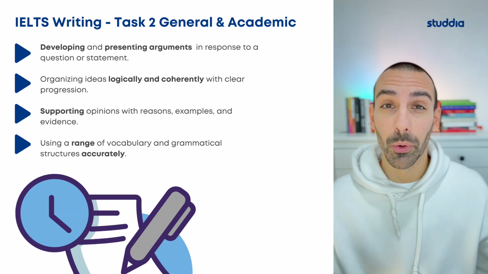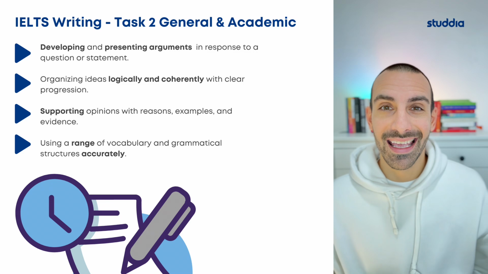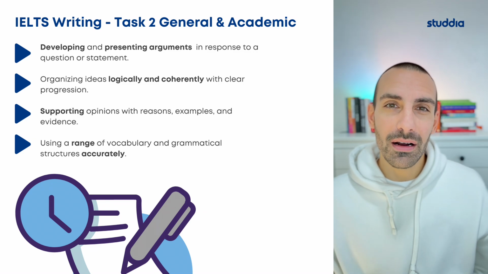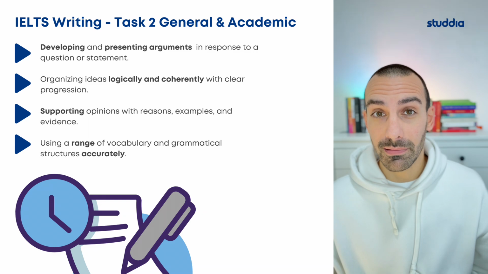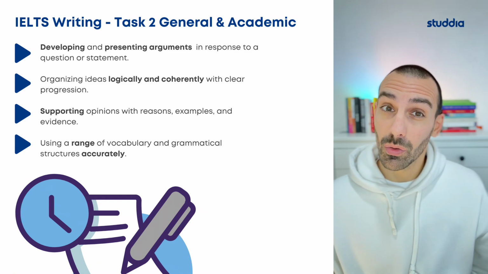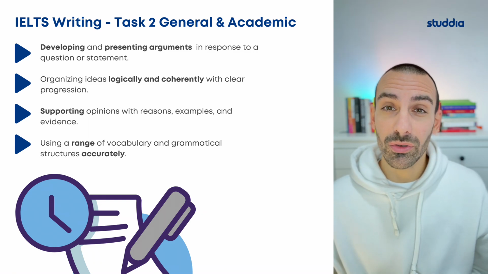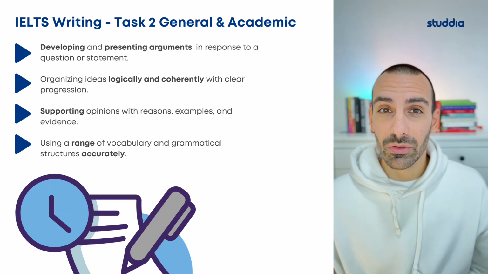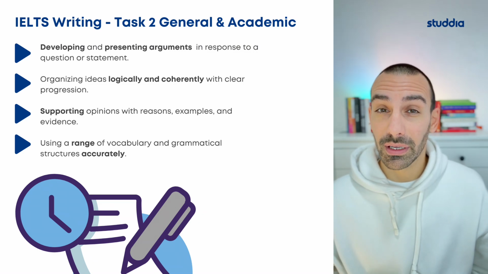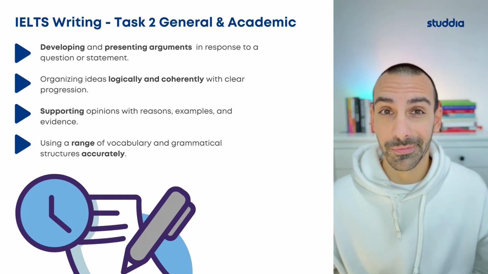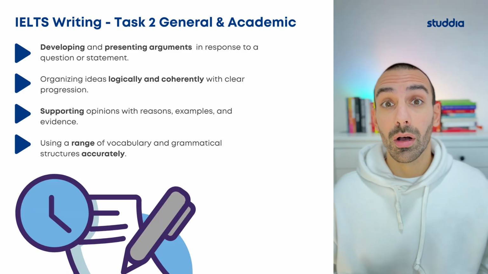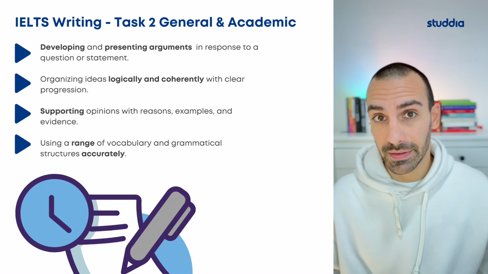They need to flow, as we like to say. And all your main arguments need to be supported with reasons, examples, explanations, or evidence. You need to do all of that using a range of appropriate vocabulary combined with accurate use of grammar. All in all, there's a lot to be done in 60 minutes.